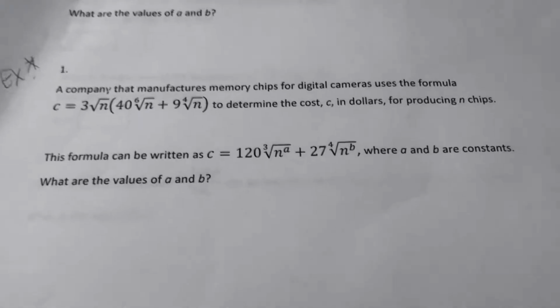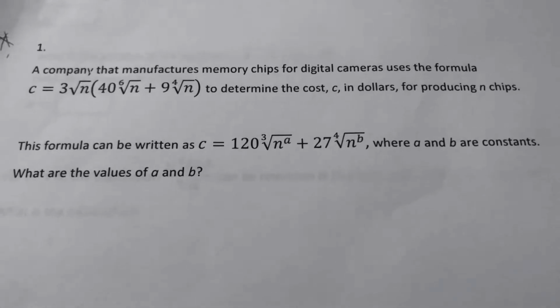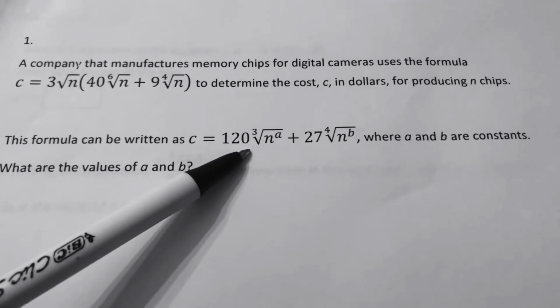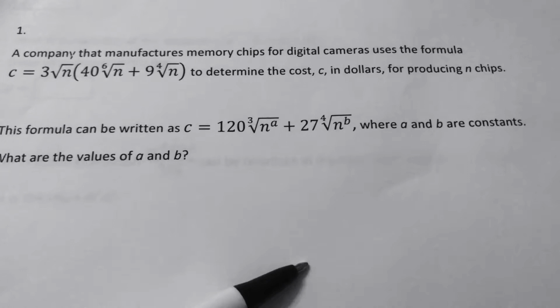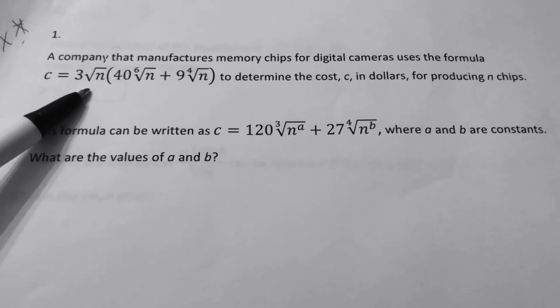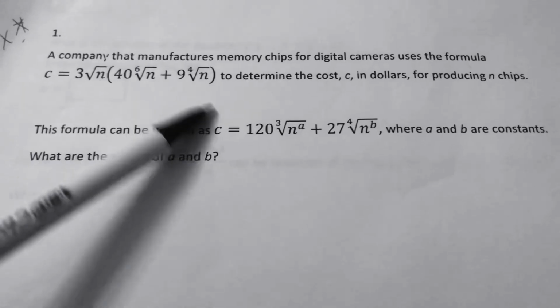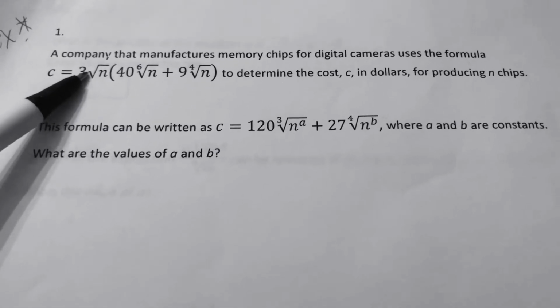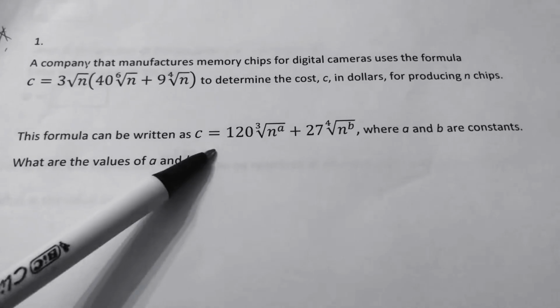So basically, even if you had no idea what to do here, you would know that you have to figure out how to write this like this, and then once you get it like this, you can see what A and B are, right? So obviously, using basic algebra, you'd have to distribute this. The 3 times the 40 gives you the 120.